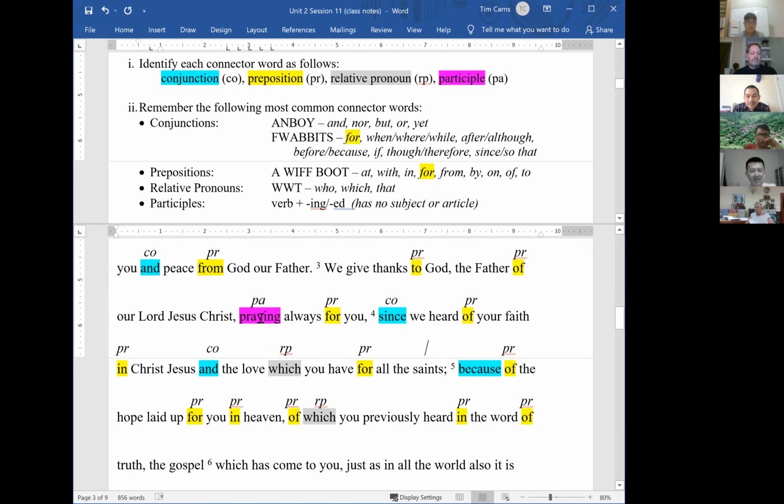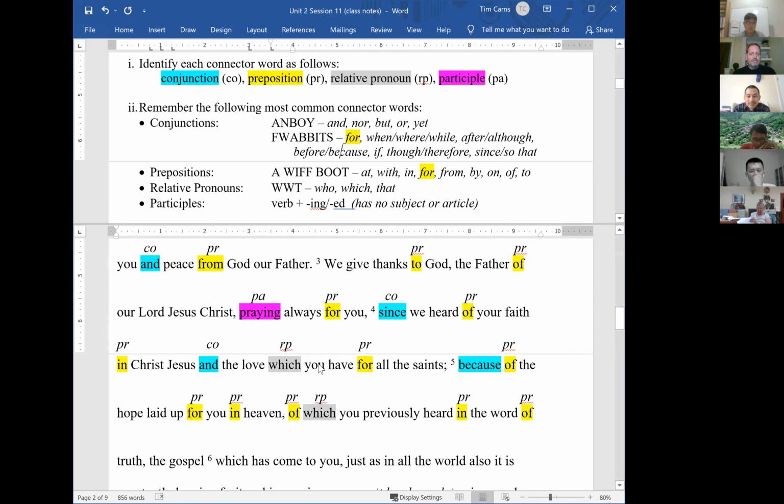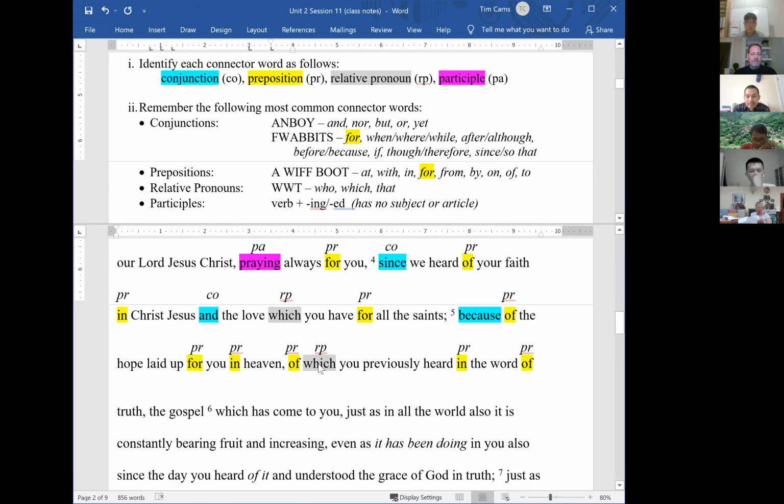Now, praying, of course, is a participle, but you can just notice that with the verb plus ing, and there's no subject or article. Those could be different. There's not a list of common participles. But as far as the other connector words, this list that I gave you will really capture most of them. And so far, all of them have been from this list. So just keep that in mind.